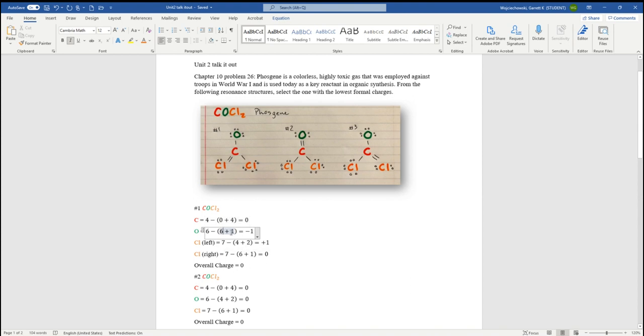So 6 plus 1 is 7. 6 minus 7 is negative 1. So we now know that oxygen has a charge of negative 1.